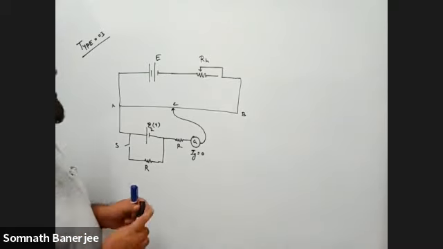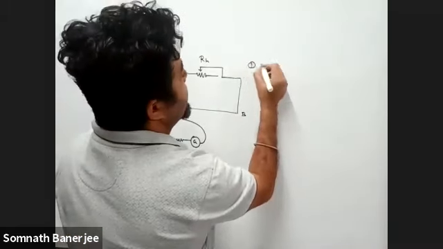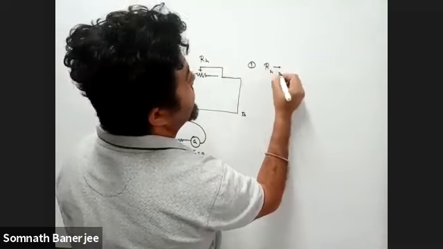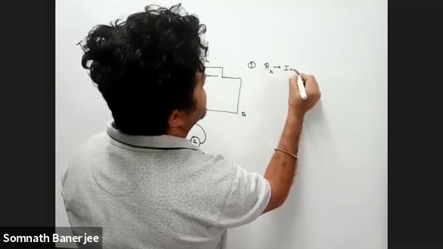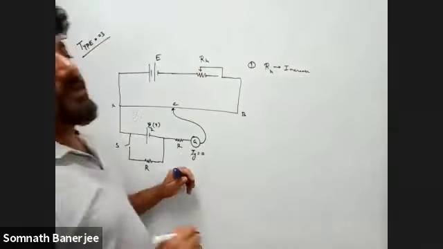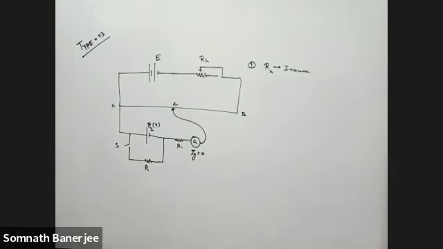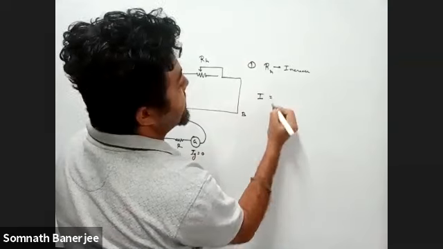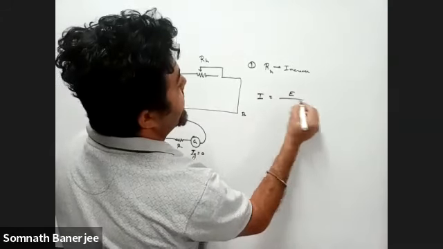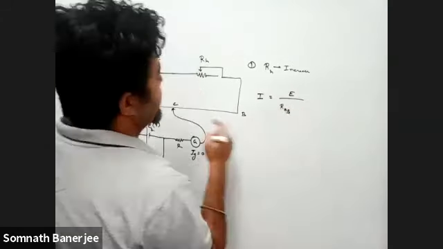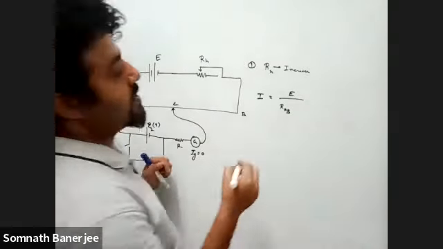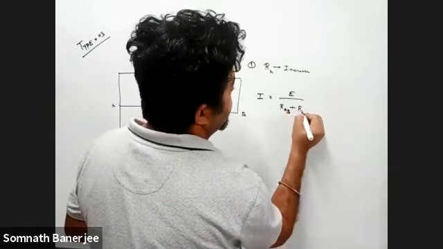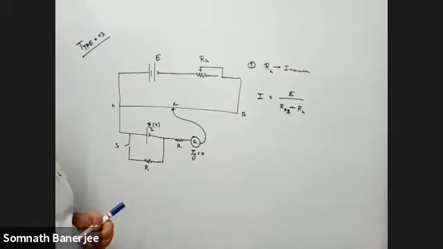The first one: if we change RH, suppose we increase the value of RH, the rheostat, then how will it affect the balancing length of the secondary cell? Basically, current is EMF divided by the resistance of the AB wire plus RH.